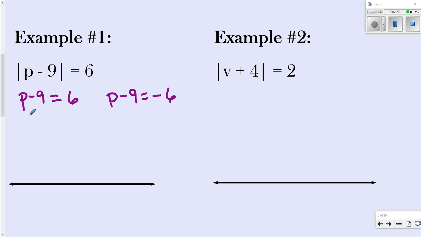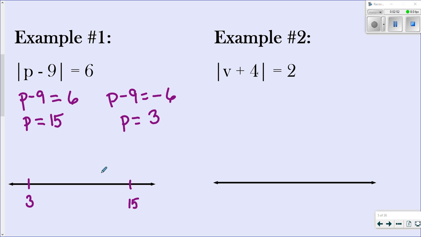So then when you solve it, for p, you add 9 on both sides, would be 15, and for the other p, you add 9 on both sides, will give you 3. So on your number line, you've got 3 and 15. These are the 2 numbers that will satisfy this absolute value equation.